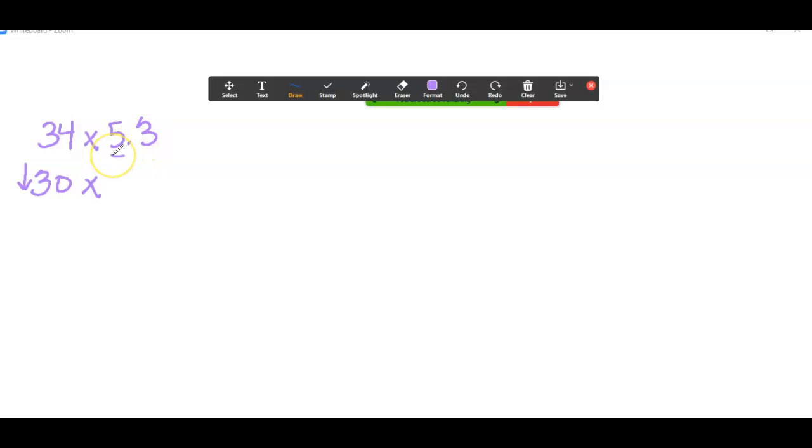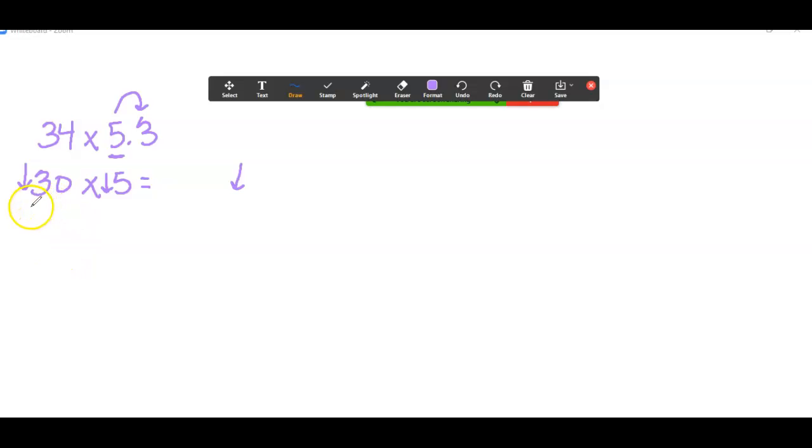Okay, and 5 3/10, that's not very friendly either. Okay, so I'm going to round to the nearest whole number, okay, or in this case, it's also front end estimation. So if I look next door, 3 is less than 5, so 5 3/10 is closer to 5 than it is to 6, okay? And again, I also rounded that one down. So that tells me that my estimate here is going to be an underestimate because both factors were rounded down.